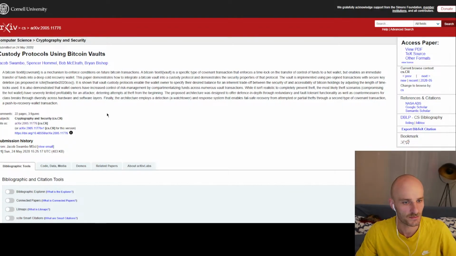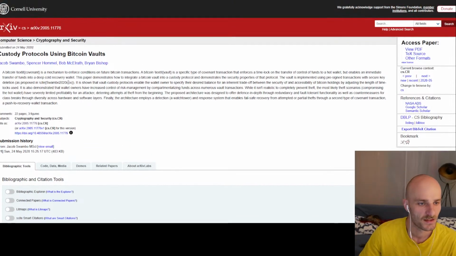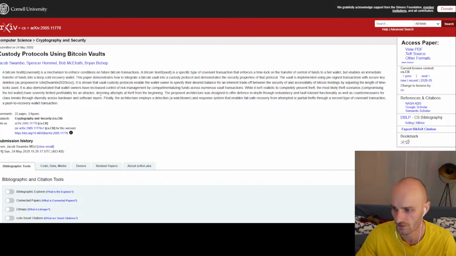Okay, custody protocols using Bitcoin vaults. So 2020 Cornell University, which is the one involved in the original paper. So what's it saying here? Cryptographically secure custody protocol using Bitcoin vaults.